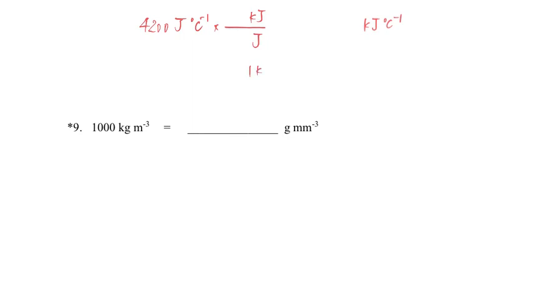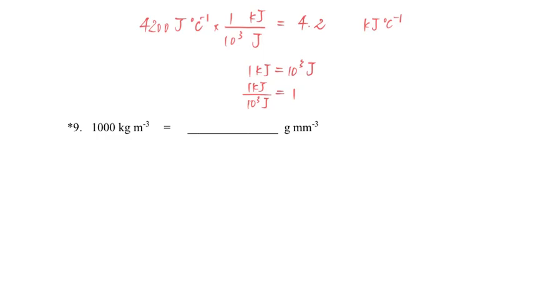Since 1 kilojoule equals 10 to the power of 3 joule, and finally 1 kilojoule divided by 10 to the power of 3 joule is equal to 1. And therefore the answer should be 4.2 kilojoule per degree Celsius.